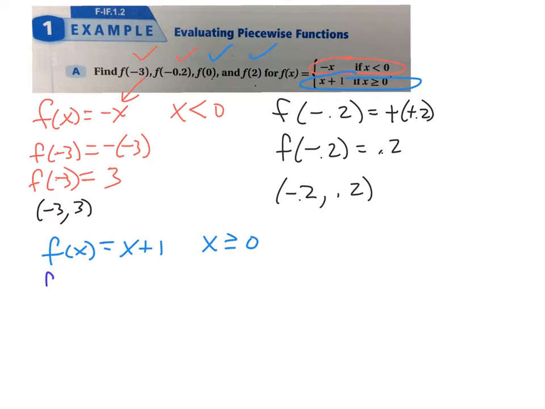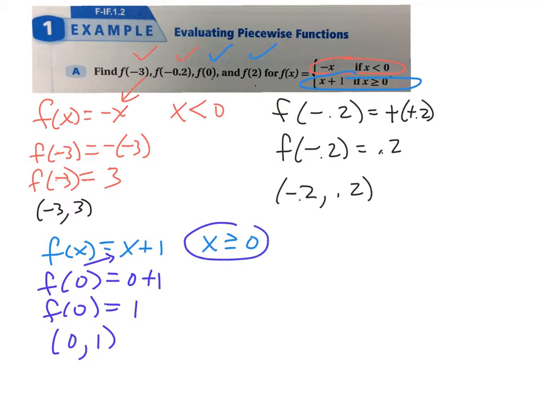Alright, so I want to evaluate f of 0 equals, and what we're going to do is plug that 0 in for this x. So 0 plus 1. And what you end up getting is 0 plus 1 is 1. So when x is 0, y will be 1. And again, that's with the restriction of x must be greater than or equal to 0.